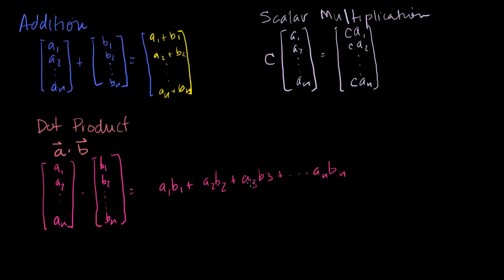So what is this? Is this a vector? Well, no, this is just a number. This is just going to be a real number. You're just taking the product and adding together a bunch of real numbers. So this is just going to be a scalar.